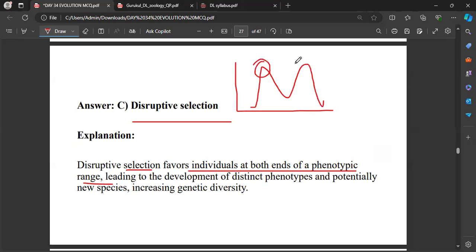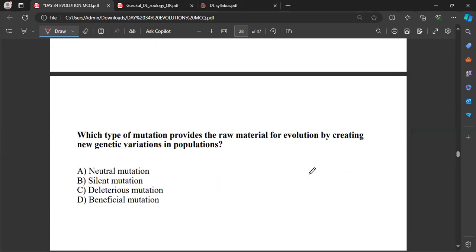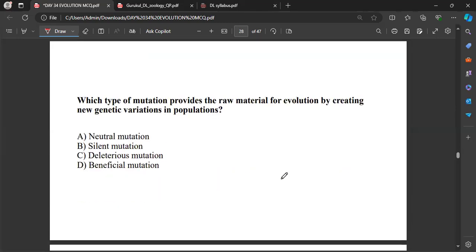This will be the extreme. They are favoring both the extremes. In the directional, they are favoring either this extreme or that. There will be a difference between these two graphs, right? I hope everybody is clear with these things. Okay, fine. And if you find any difficulty, just ask me if you have any doubts, right?